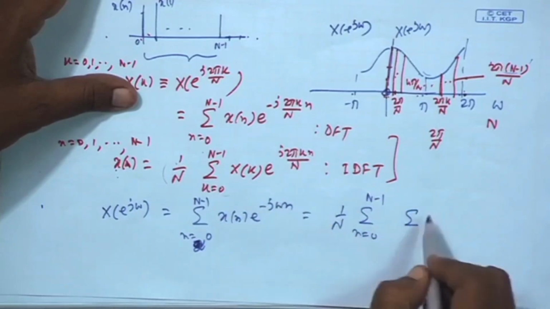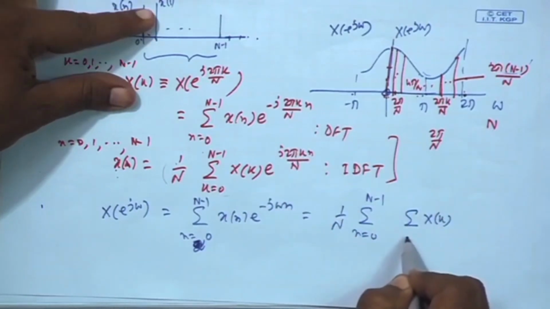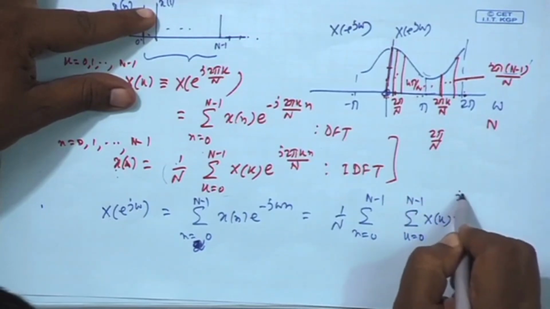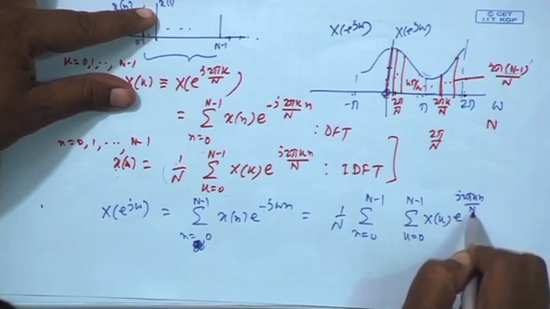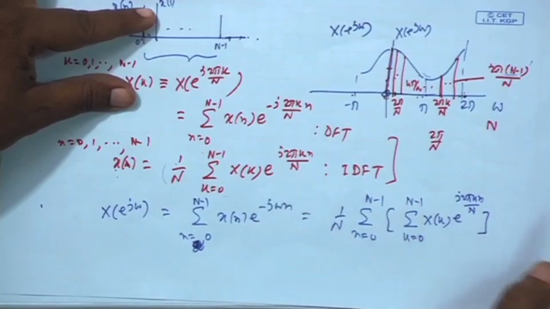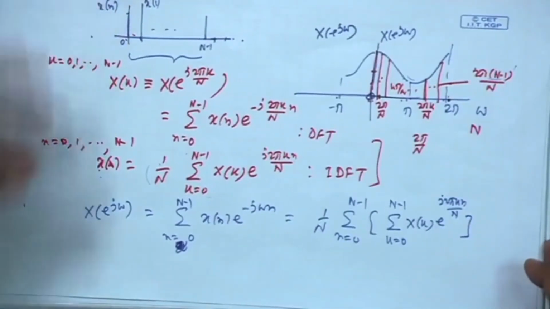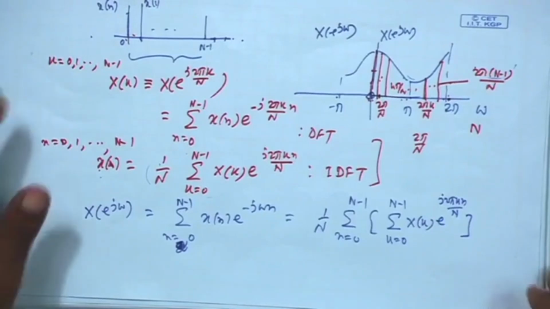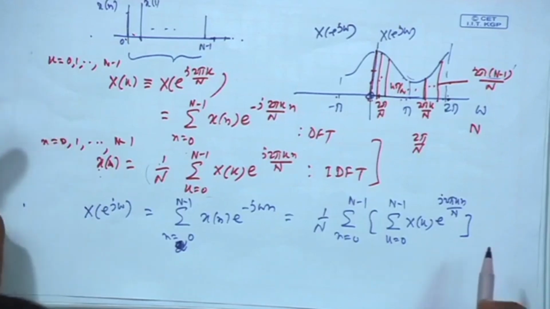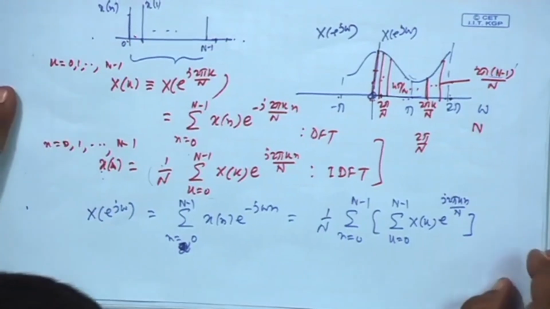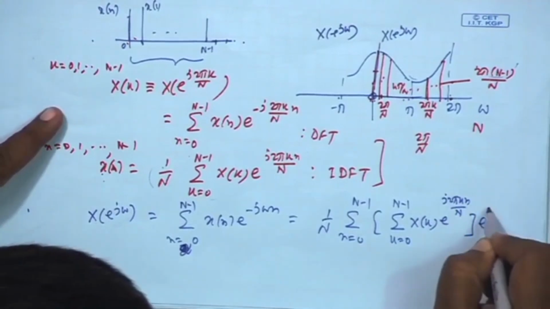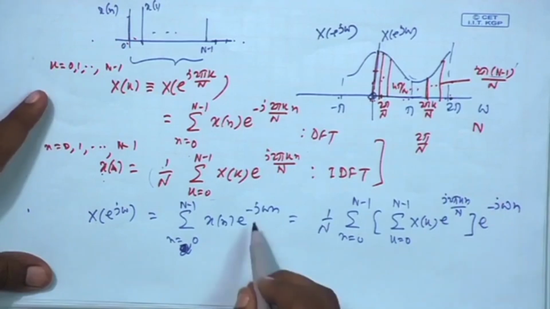So, you have got X k, this much is x n into... Okay.